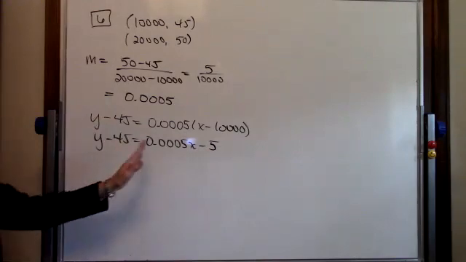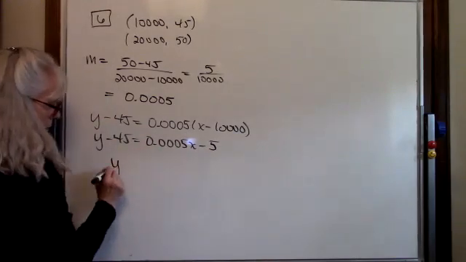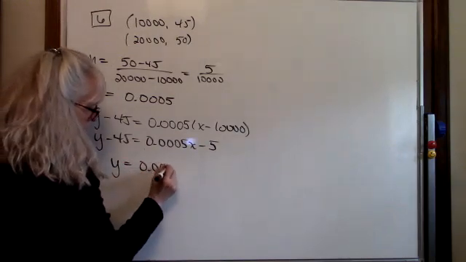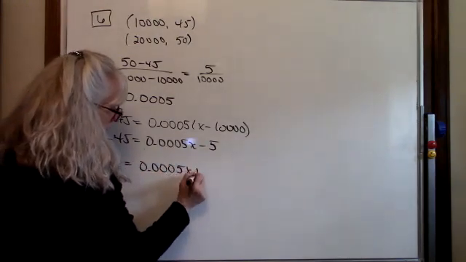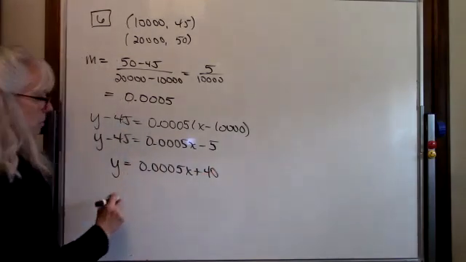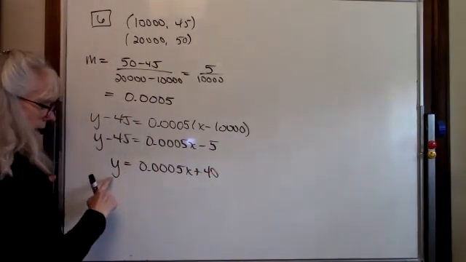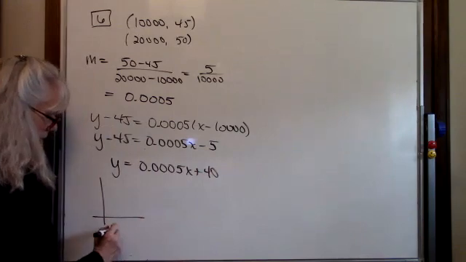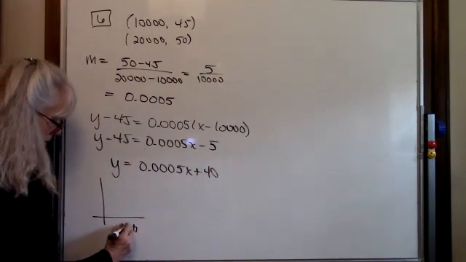Then all we have to do is move our 45 over. y is equal to 0.0005x plus 40. And again, remember that x is the number of units, y is the price. So units and price.